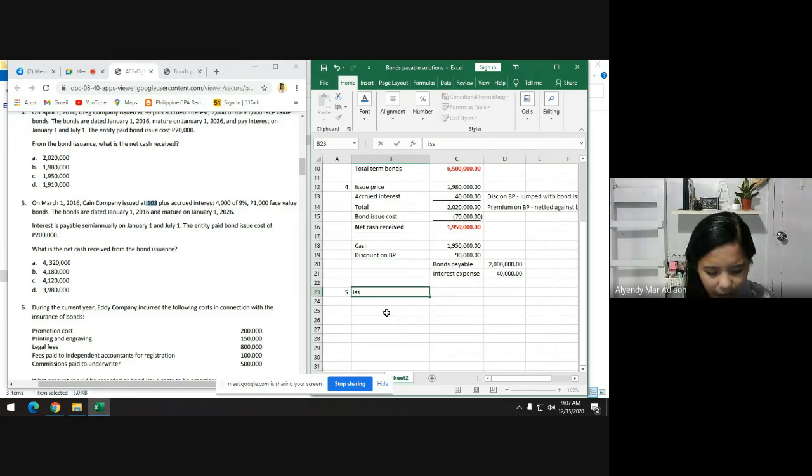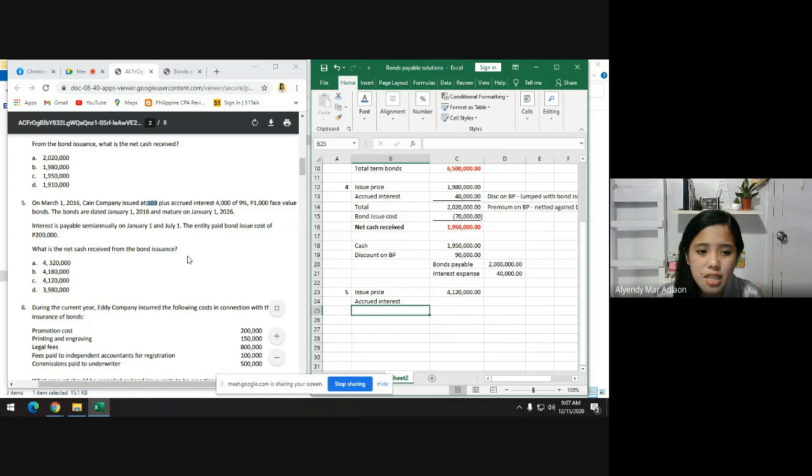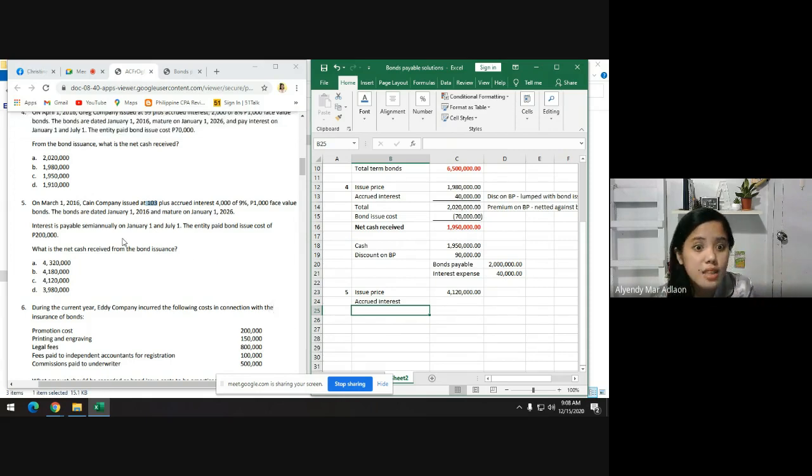Okay? So let us compute first for the net cash received before we make the journal entry. First, we have the issue price. How much is the issue price? We have 4,000 bonds multiplied by 1,000 face value and then times 103%. So our issue price then is 4,120,000. Next is we will compute the accrued interest. Take note there will be accrued interest if the date of issuance is different from the interest date.